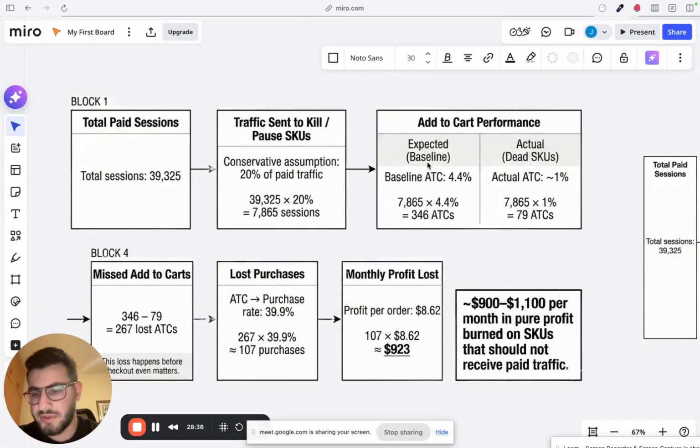And your expected baseline add to cart, so your average add to cart over the whole store, is 4.4%. So you get 79 add to carts currently from these products. But if you just get rid of these products and pull traffic into more products that are in bucket B or bucket C, you would be closer to the baseline and sometimes even higher than the baseline because these products have a higher add to cart rate, which would mean you would get 346 add to carts compared to the 79. Does it make sense?